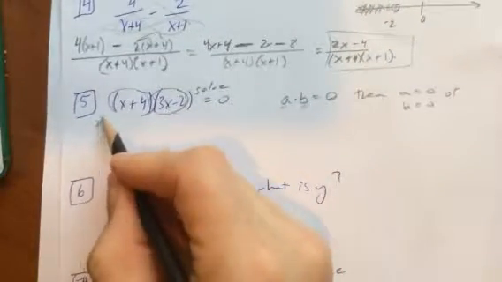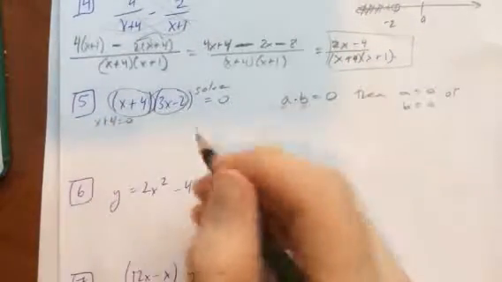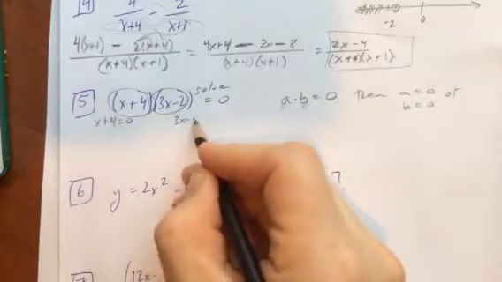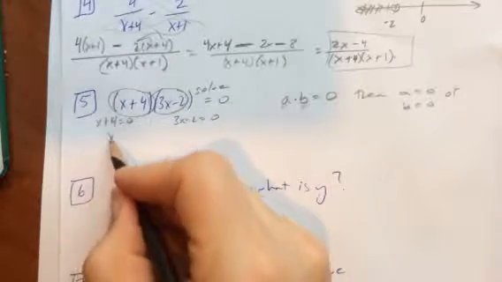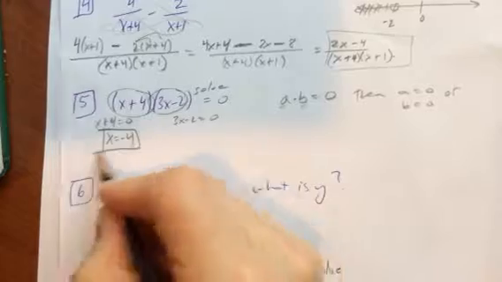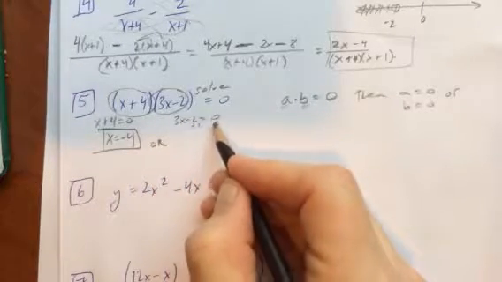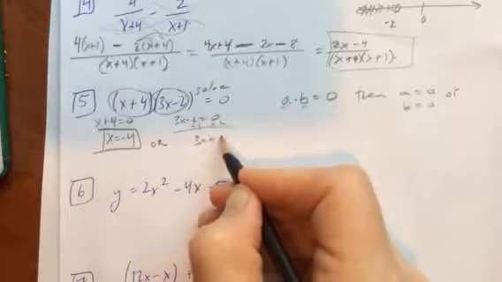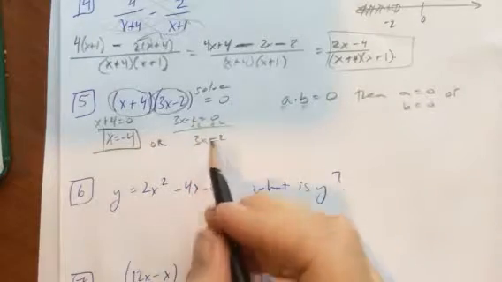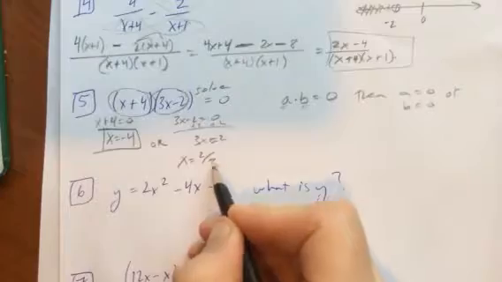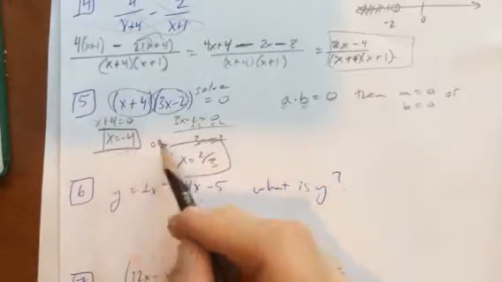So that means that x plus 4 equals 0, or 3x minus 2 equals 0. So x is negative 4, or add 2, divide by 3. So you have this or this.